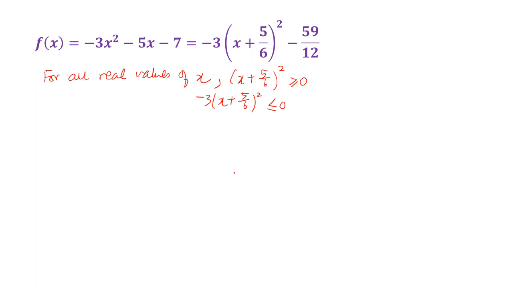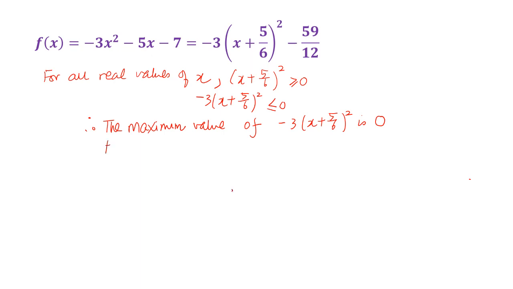So therefore, the maximum value of negative 3 (x plus 5 over 6) squared is 0.